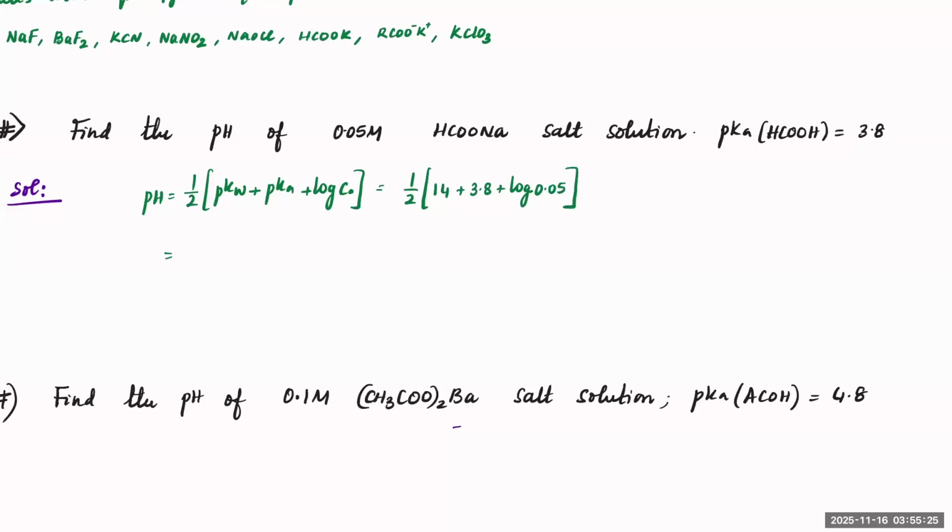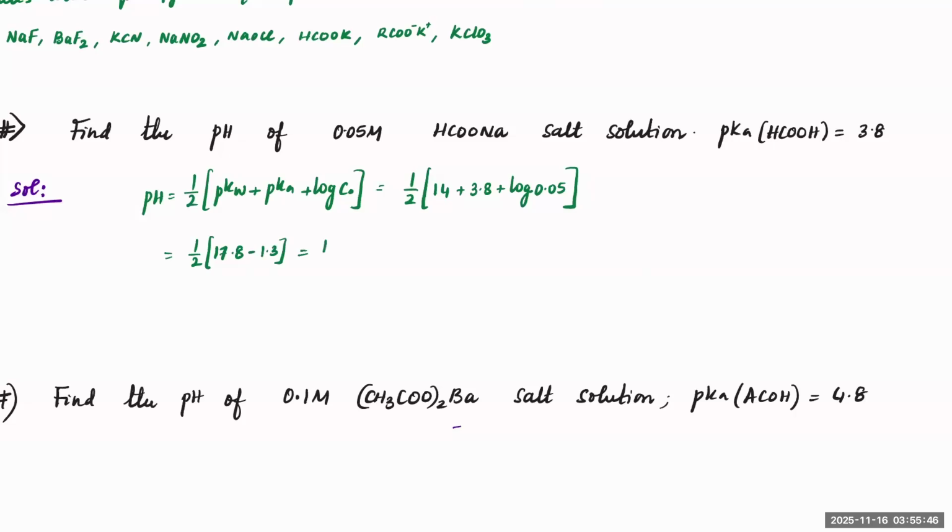That is equal to half of 17.8, and log of 0.05 will be equal to 2 minus 0.7, which is 1.3.